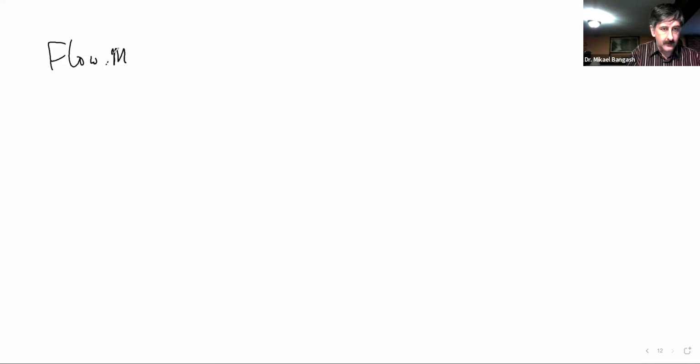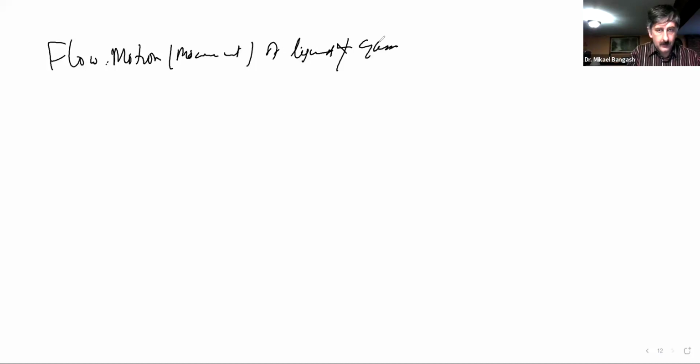Mainly just motion or movement of liquid and gases was called flow. We're not considering the gases here. Our main interest is liquid, and the liquid we're talking about is going to be blood.